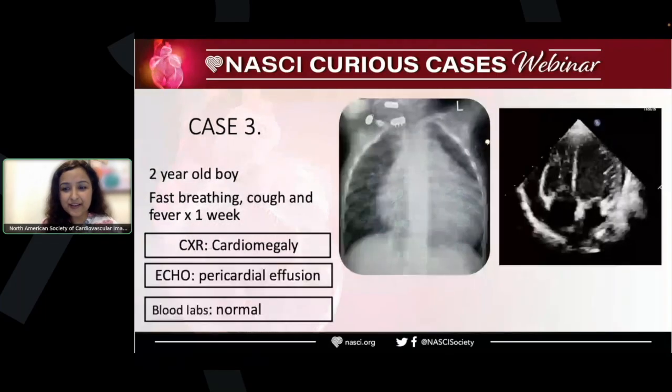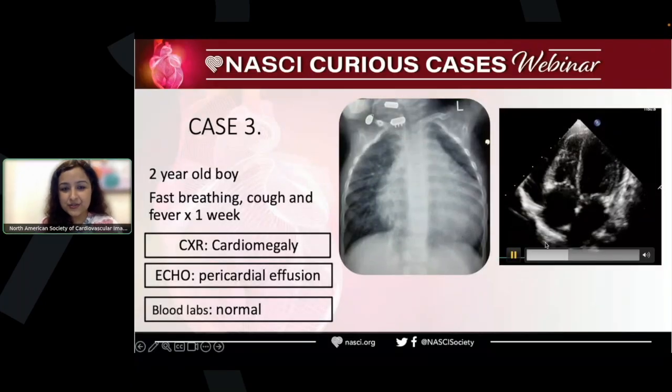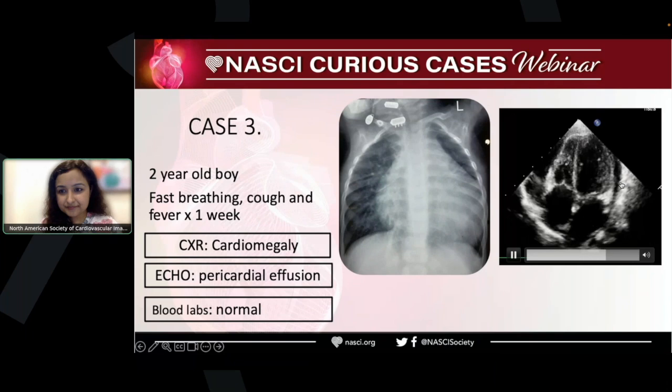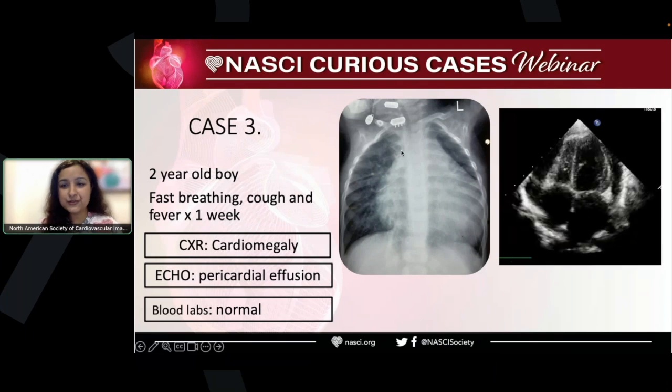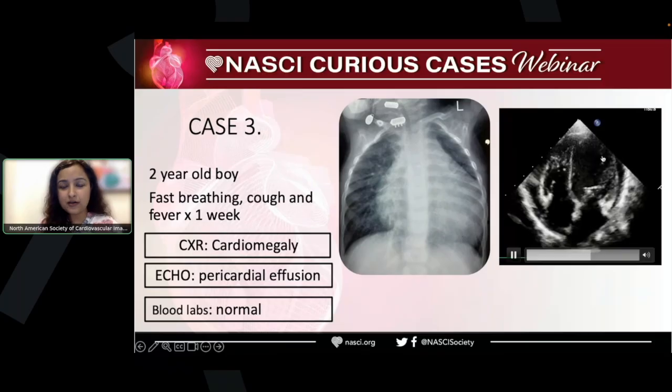An echocardiogram was done, and it showed pericardial effusion, as you correctly mentioned. There was a pouch-like, bag of waters-like appearance of the cardiac silhouette, and there was presence of pericardial effusion on the echo as well.